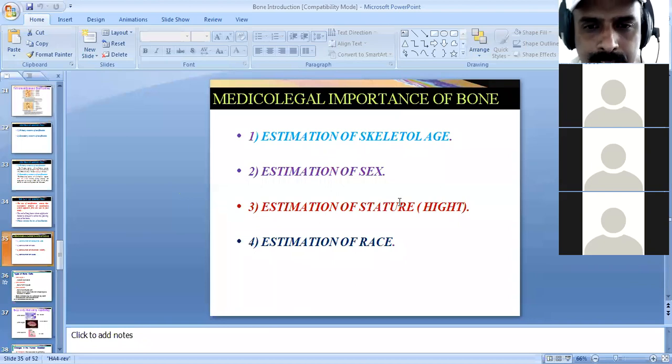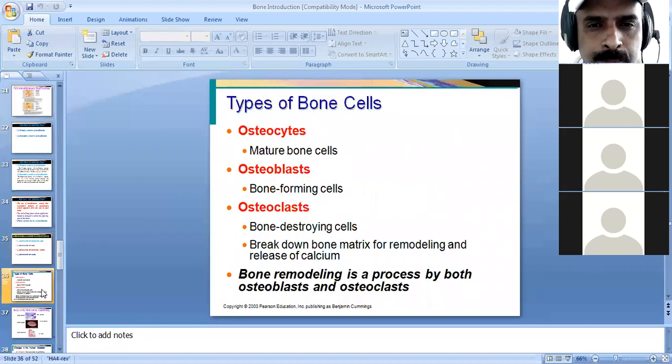Estimation of race: people from different regions of the world, such as Indian, American, Japanese, and Chinese, are together in an aircraft, and different races can also be identified with the bone.